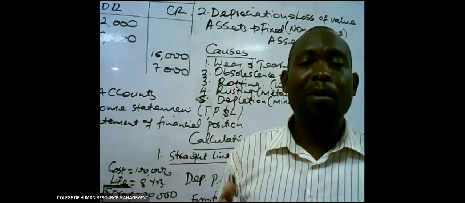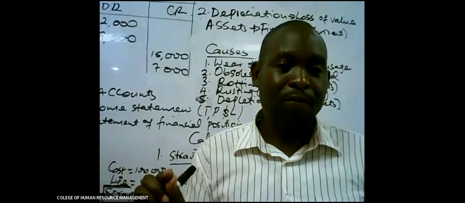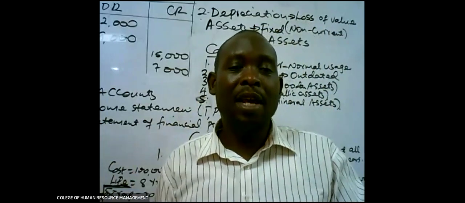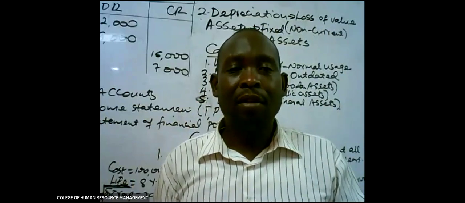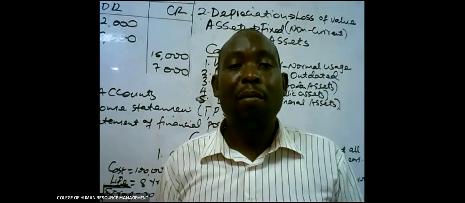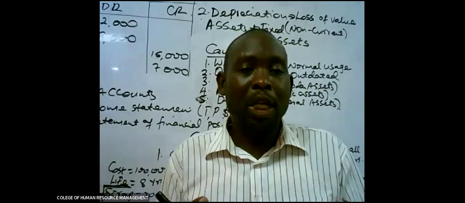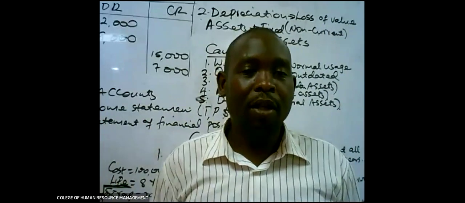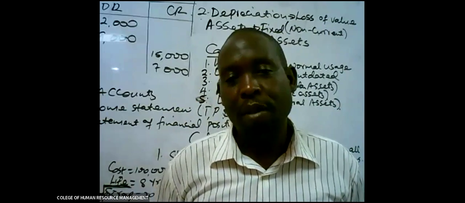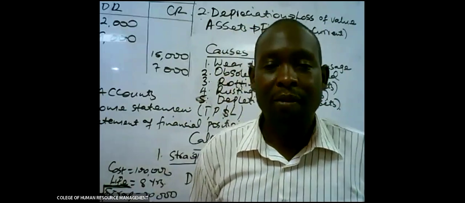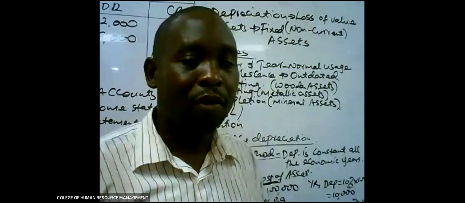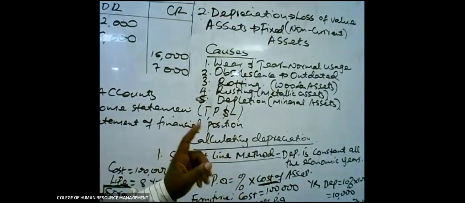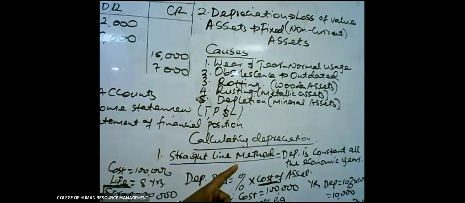So provision simply means it is an estimate. And this estimated amount is like it is set aside from the profit to be used to acquire new machines when the existing machines will not have any economic benefit to the business. That is it. So, the straight line method: depreciation is constant every year.